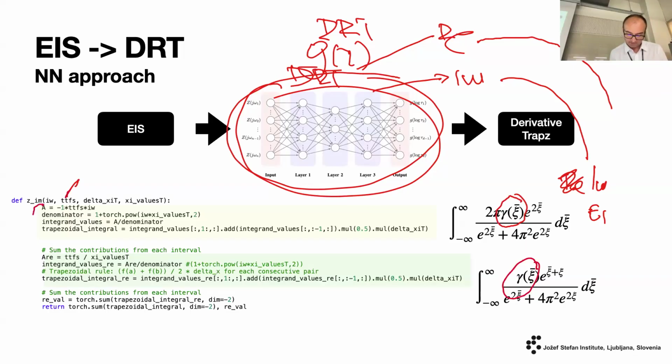And then this part here is this complete integral. So we have the denominator is 1 over jxy to the power of 2. So this is the part here. And this whole part is this one here. Again, I can go through the details. And this is all you have to do to calculate this DRT.